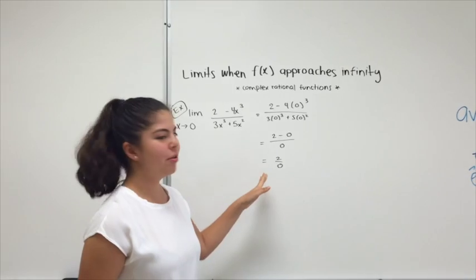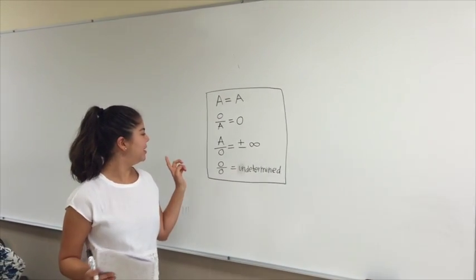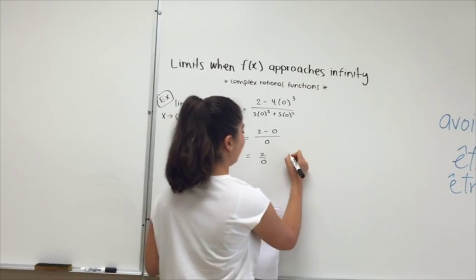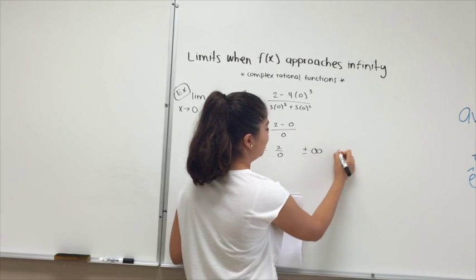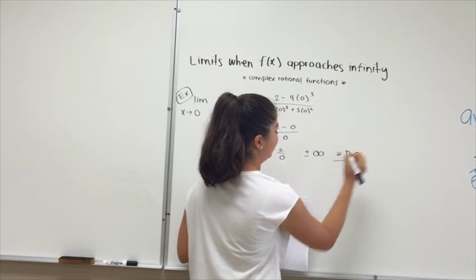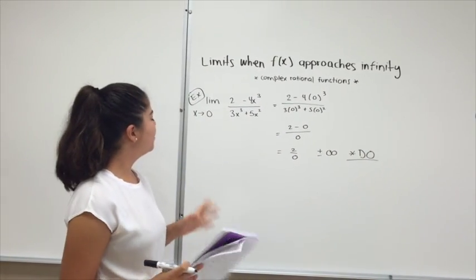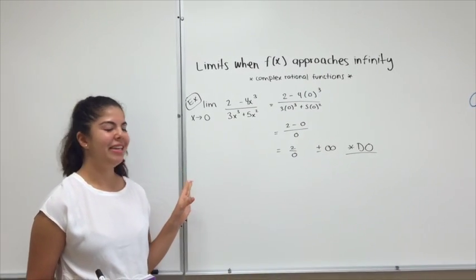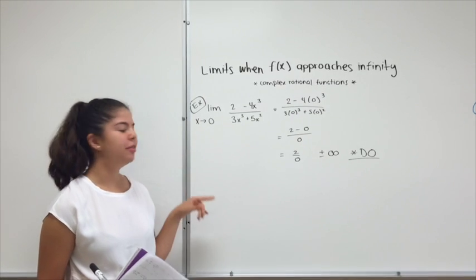So we have 2 over 0, and when it's 2 over 0, it's going to be plus minus infinity, and we have to do something. So the limit doesn't exist, so we have to see when x approaches 0.